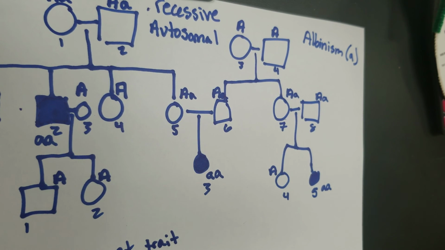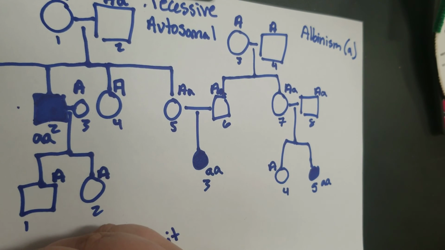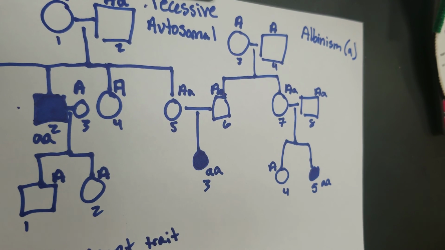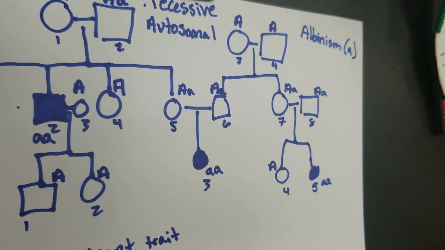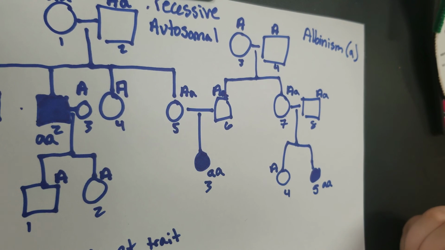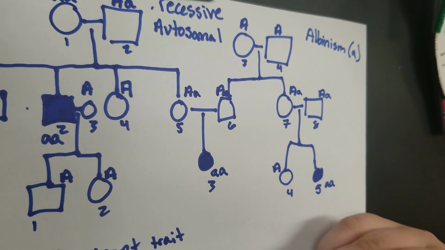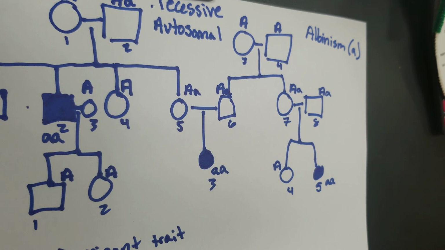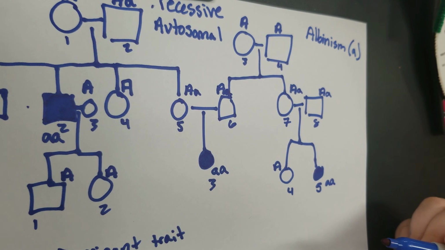So shaded in for dominant trait, if these parents are heterozygous, then they can have a child who is showing the dominant trait, and they can also have a child who is recessive. With the dominant trait, it does not skip generations.